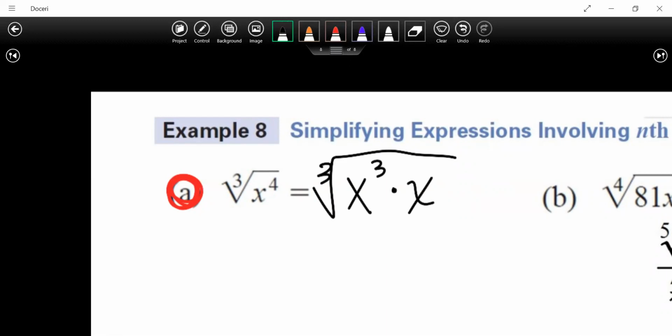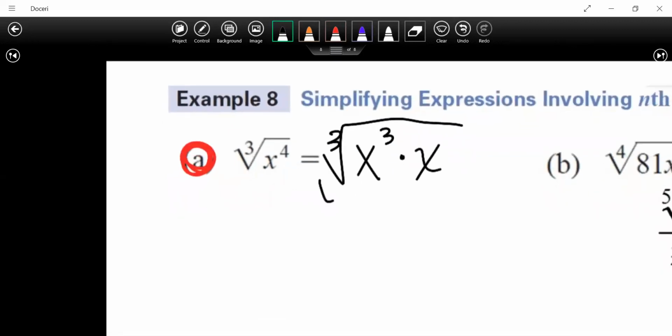There's a reason why I separated it into x to the 3rd and x, because I have a cube root. Now if I separate those by doing that property number 1, we're going to have a nice value. We're going to get the cube root of x to the 3rd, which comes back to your property number 4, and this just still is the cube root of x.